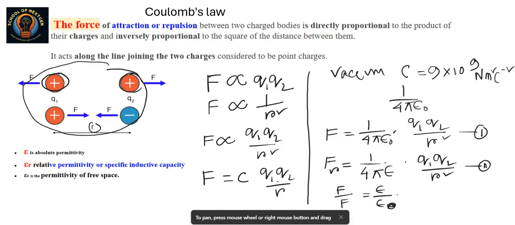So this equals epsilon r. So what is exactly epsilon r? Epsilon r, or sometimes you can find in some books it is written as k. This epsilon r or this K is nothing but the relative permittivity or specific inductive capacity.